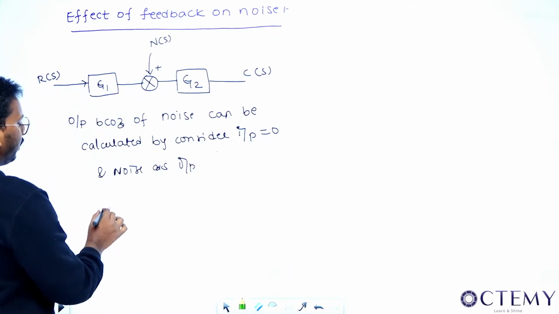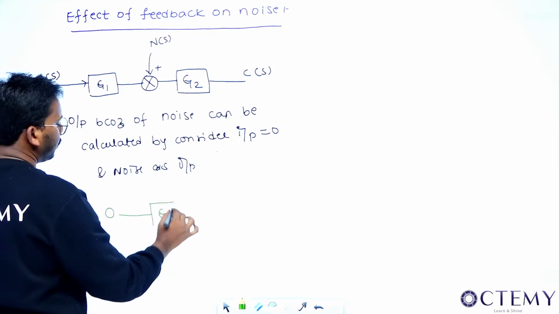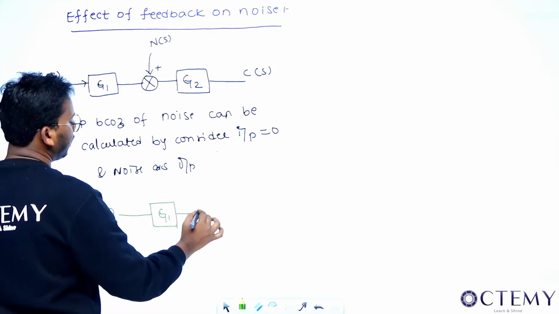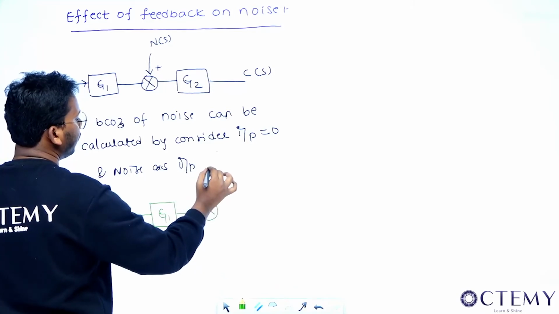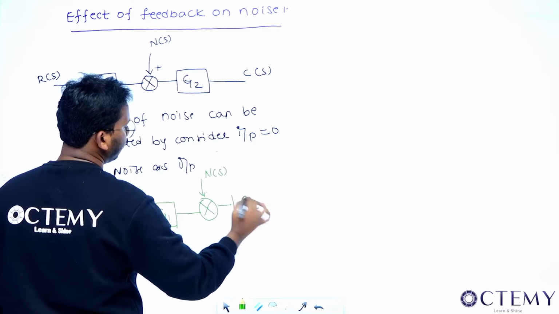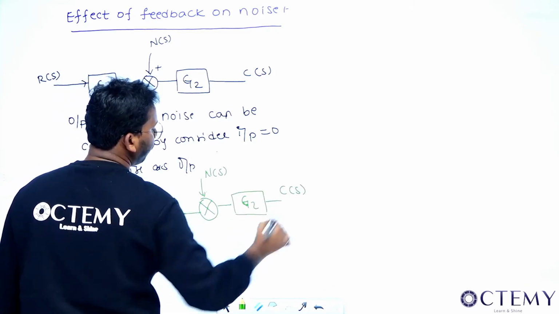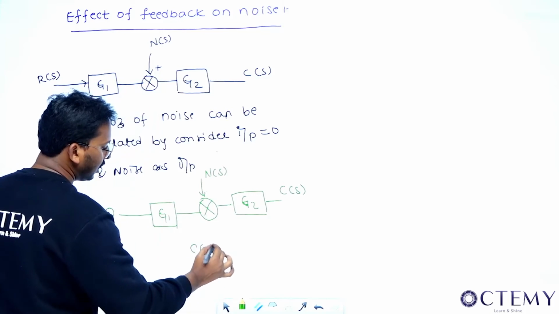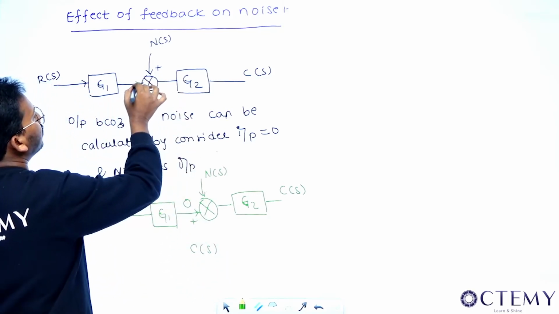So this would become 0 now. This input is not there. So this G1 will become 0, sir, because there is nothing coming here. And this is the adder. This is your N of S, and this is your forward path G2. So output C of S will become what, sir? This is 0 into 0, so this will become 0 here. Let us assume this is plus.